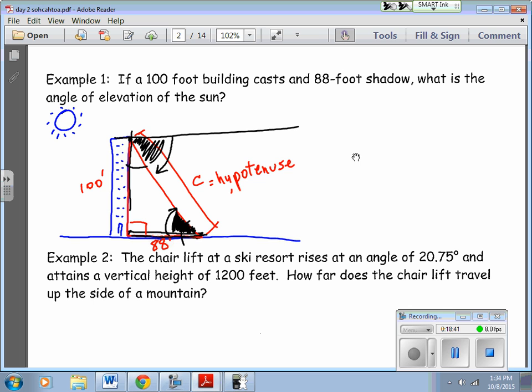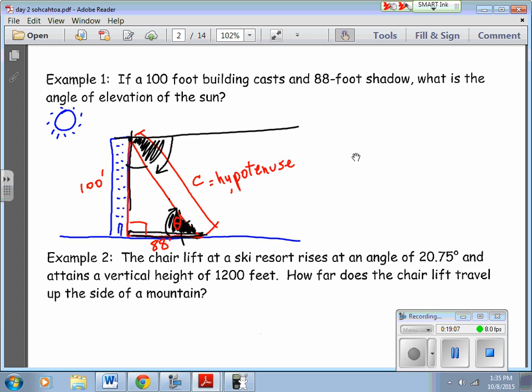And I need to know what this angle is that the sun is casting shadow on. You see that these 2 are alternate interior angles of each other and they're equal to each other. So what we really need is this angle right here. So I'm going to label it with this symbol that looks like a 0, but it's a 0 with a slash through it.